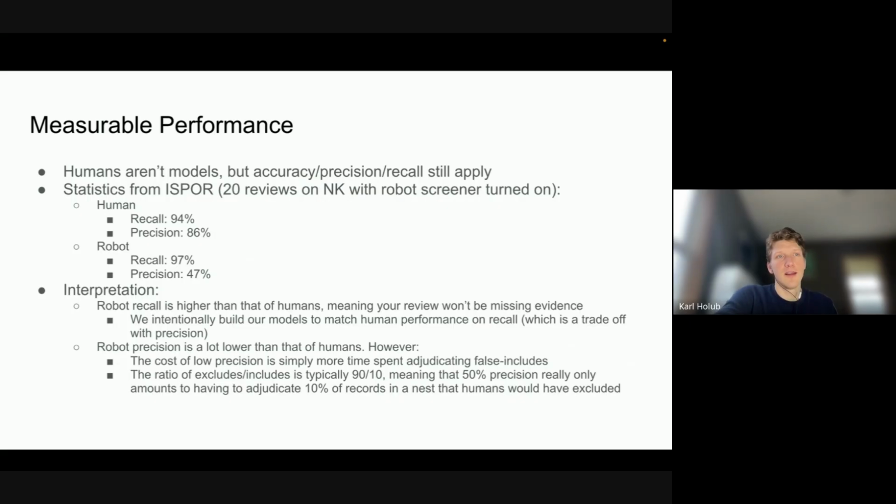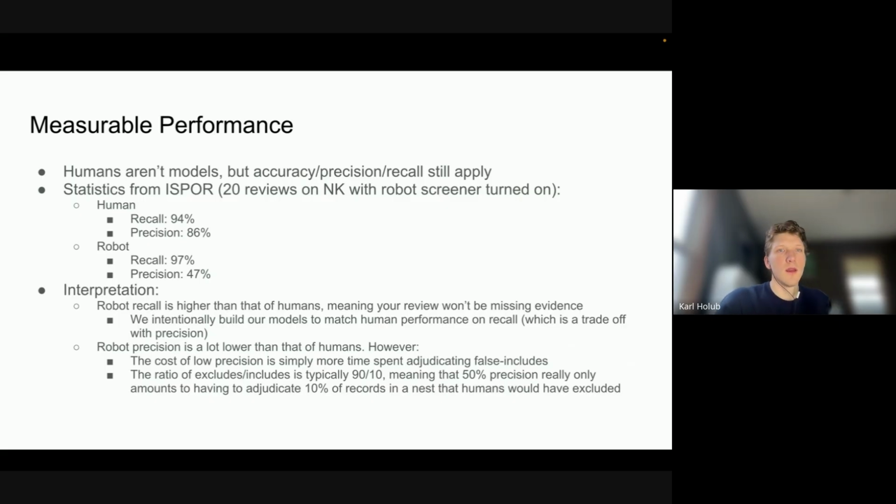This is probably the most relevant part to talking to users about interpreting model performance: how do these numbers stack up against humans? If we treated humans as if they were models, as if they were robot screener, what would their accuracy, precision, and recall be? We actually worked this up for an ISPOR abstract.